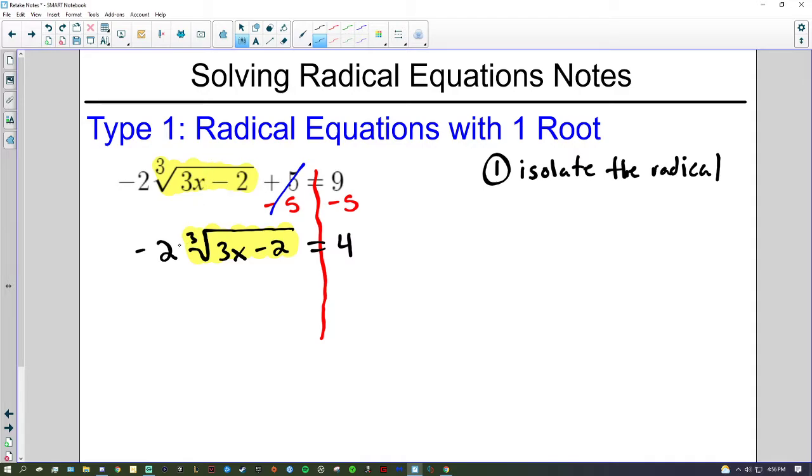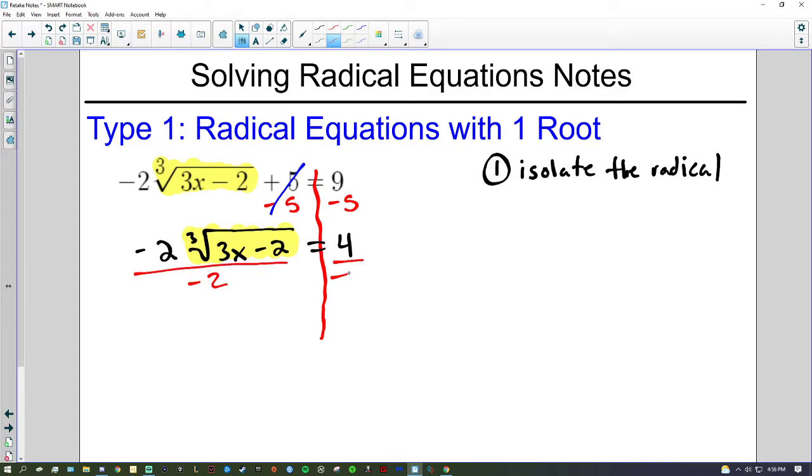Now, the number one student mistake here is that students like to try to add 2 over. But remember, if we were to read this out loud, this is negative 2 times the third root of 3x minus 2. So the opposite of negative 2 times would be negative 2 divided by. We're going to divide both sides by negative 2.